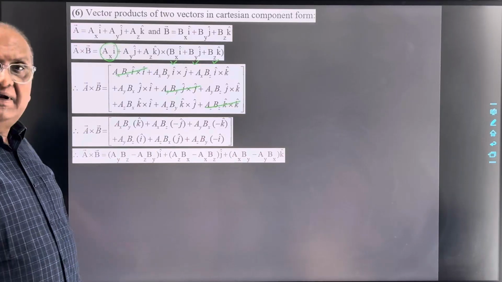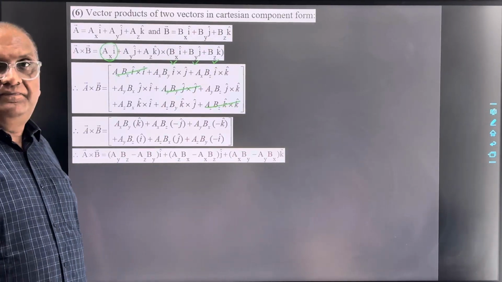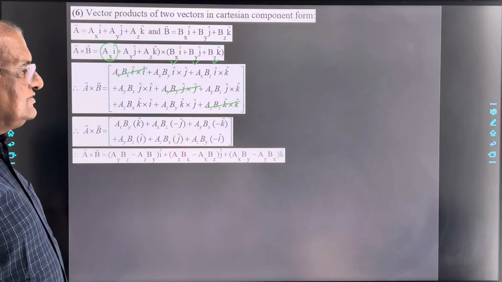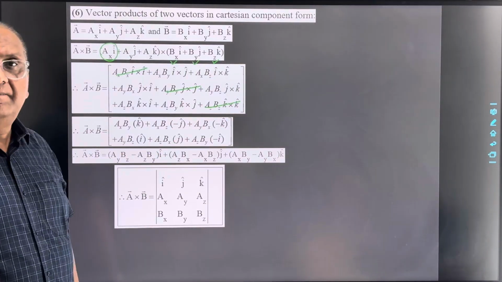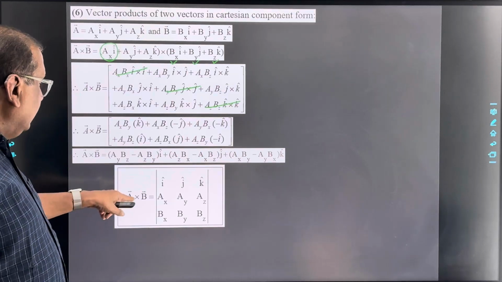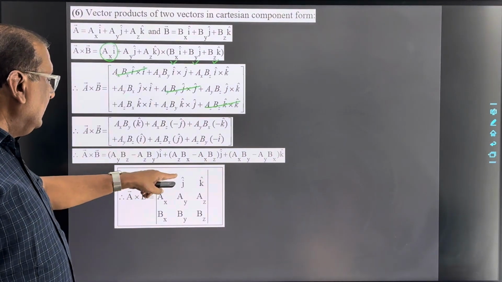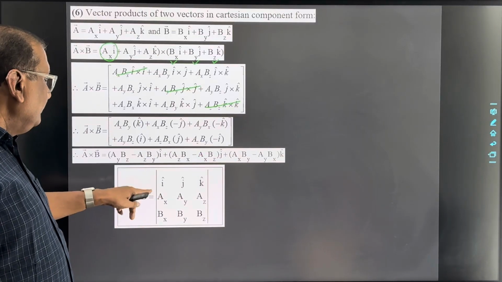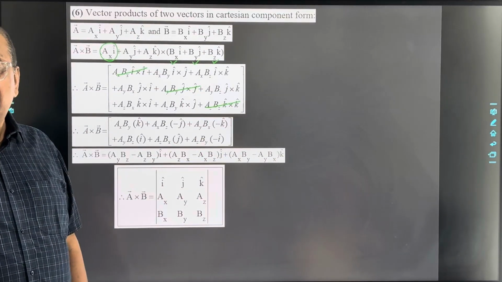You have to remember this equation in this particular manner, or you can represent this one in the form of a determinant. So vector A cross vector B is the determinant with rows I caret j caret k caret, AX, AY, AZ, BX, BY, BZ.